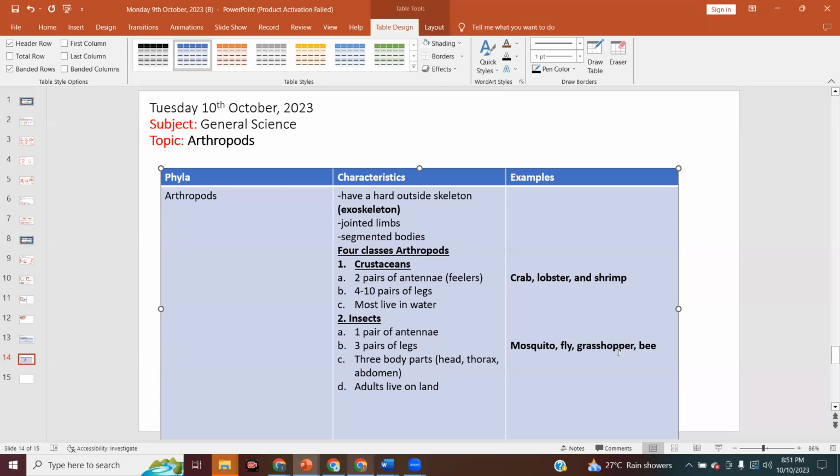Michael, give me an example of an insect. A fly. And give me one characteristic of an insect. They have 3 body parts. What are the three body parts? The head, the thorax, and the abdomen. Very good. Malaya, give me an example of an insect.